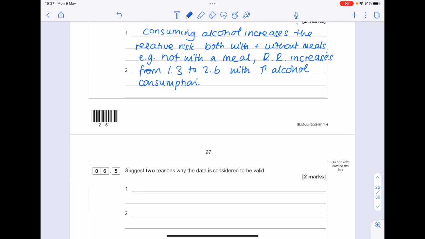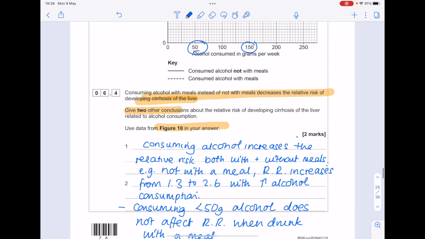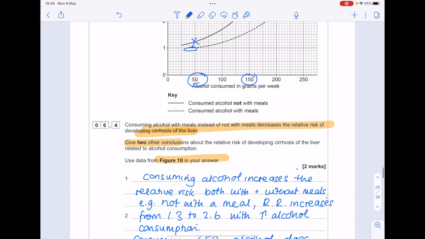And our second point is: consuming less than 50 grams of alcohol per week does not affect the relative risk when drunk with a meal. And what am I on about? It's this bit of the graph here.